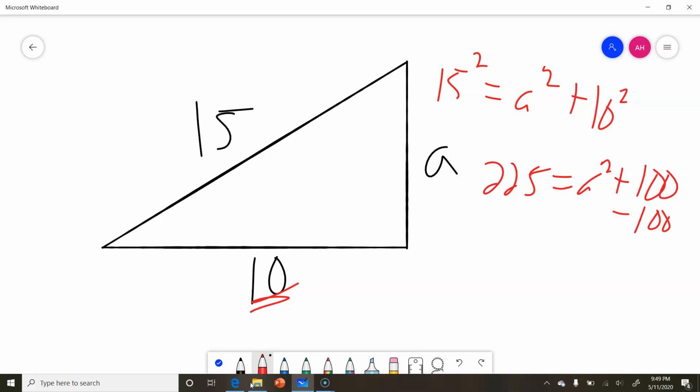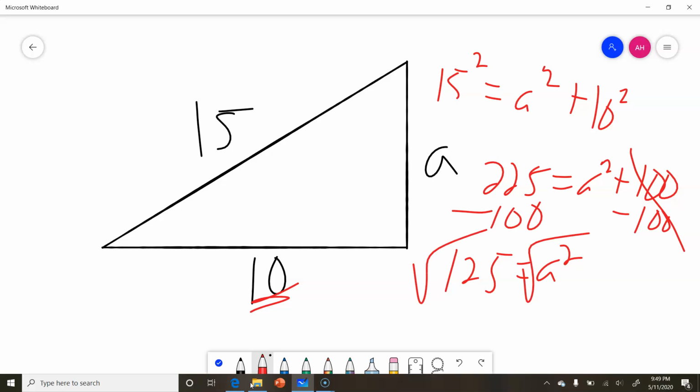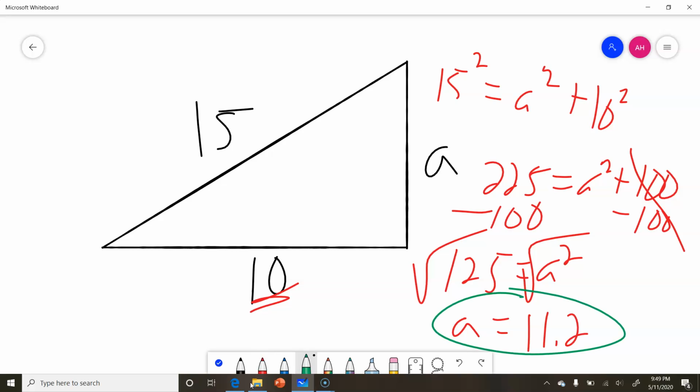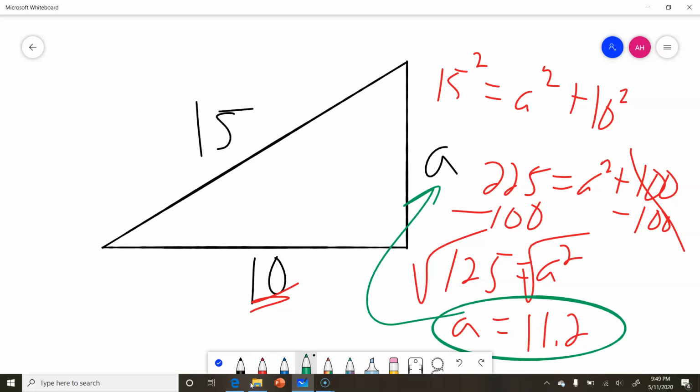Now I subtract 100 from both sides, and I'm left with 125 equals a squared. And I take the square root of both sides. I punch this in my calculator, it's going to be 11.2. So there's my final answer. 11.2 is the length of a.